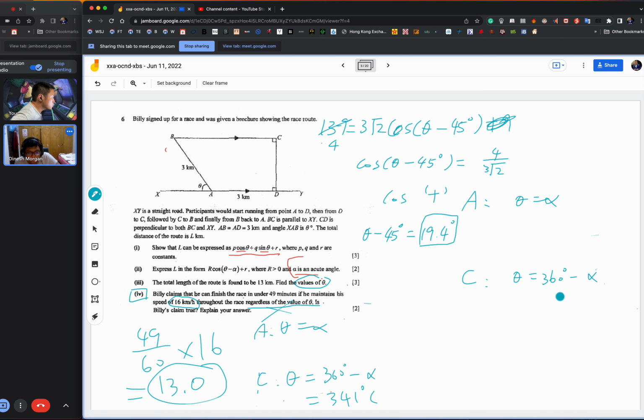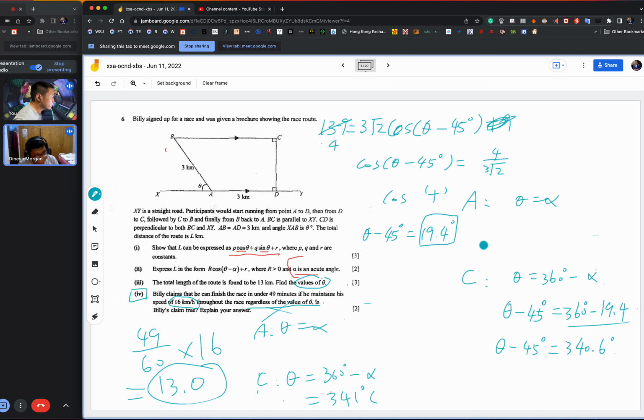So your theta minus 45 degree is going to be equal to 360 minus the 19.4. Okay, so your theta minus 45 degree is going to be, can you help me solve this? 340.6, right? Okay, good. So now, pay attention.